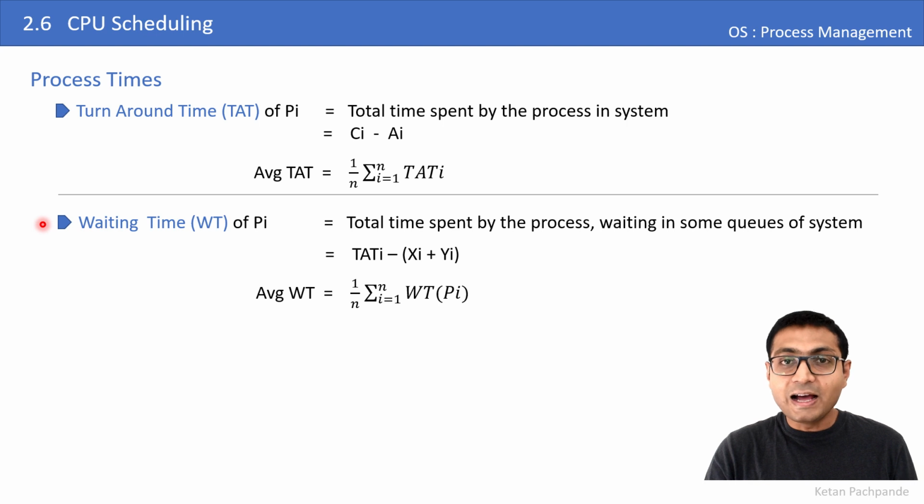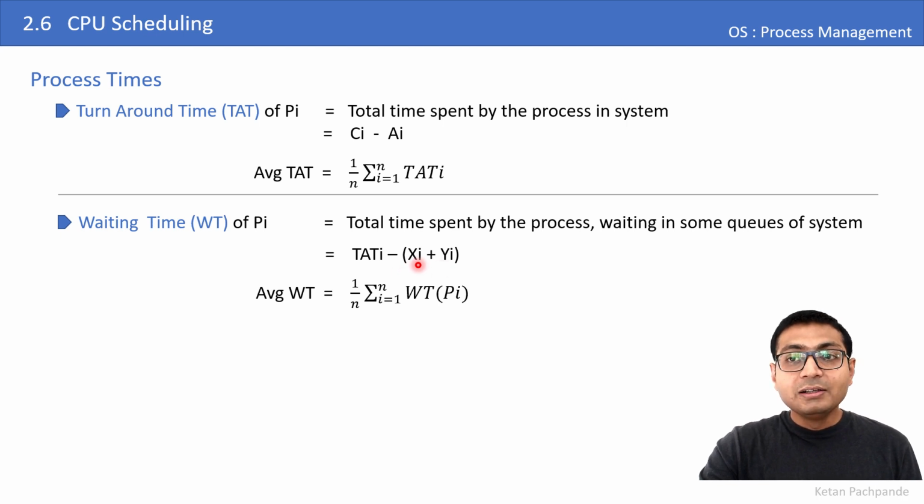So here waiting time is nothing but the total time spent by the process waiting in some queues of the operating system. The simple formula here is the total time spent by the process, that is turnaround time, minus how much time it took in the CPU and how much time it took to do the IO.